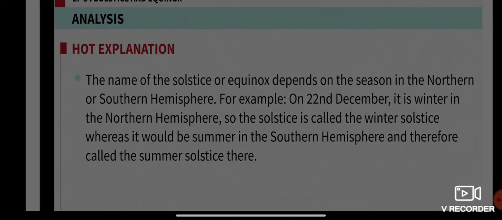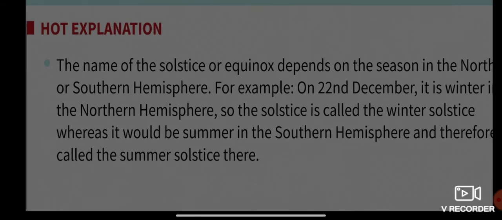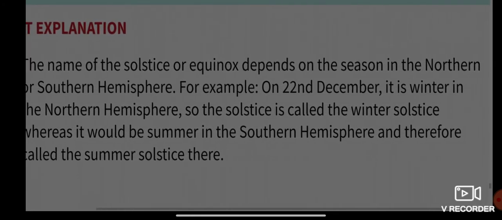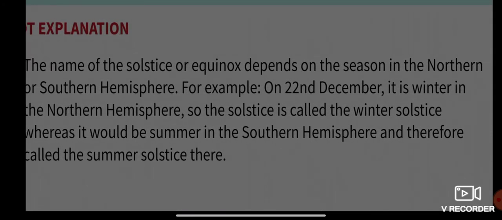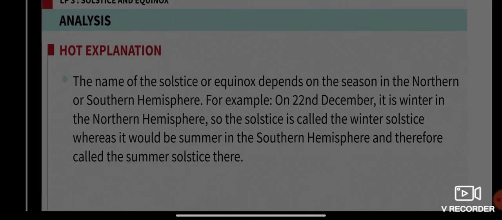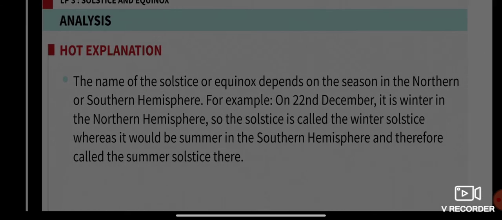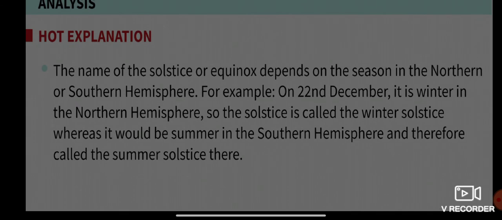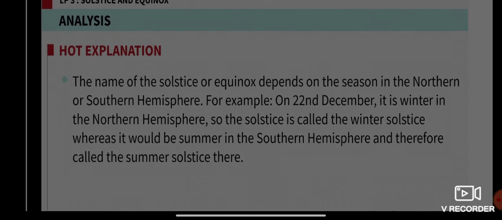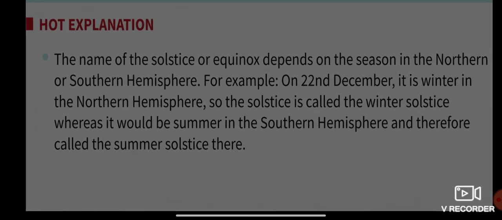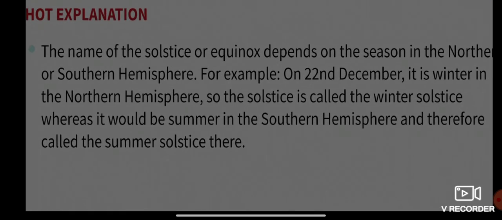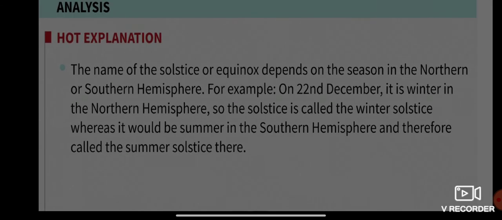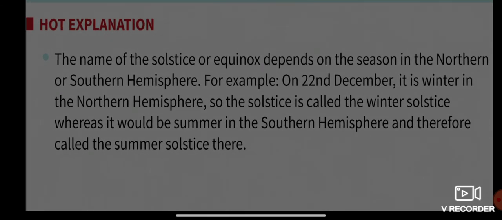The name of the solstice or equinox depends on the season in the northern or southern hemisphere. For example, on 22nd December it is winter in the northern hemisphere, so the solstice is called the winter solstice, whereas it is summer in the southern hemisphere and therefore called the summer solstice there.